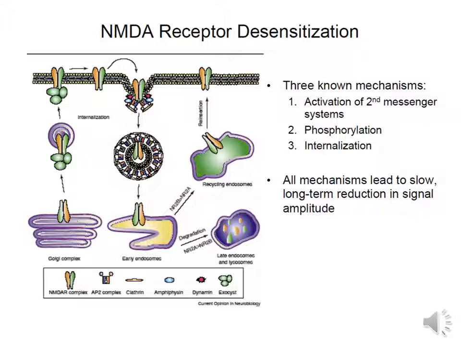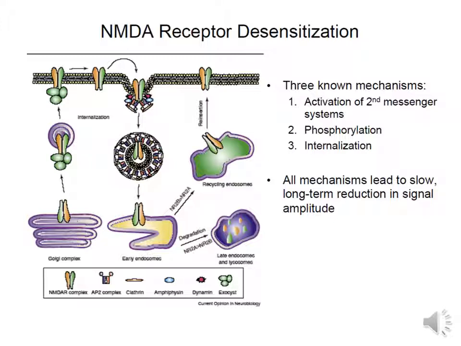There are also other mechanisms such as phosphorylation. We saw in the previous slide that the intracellular part of the receptor is susceptible to different phosphorylation sites, and those can also mediate the closing and inactivation of the receptor. And there are other processes, not depicted in this diagram, that are also responsible for desensitization of the NMDA receptors, such as activation of second messenger systems.